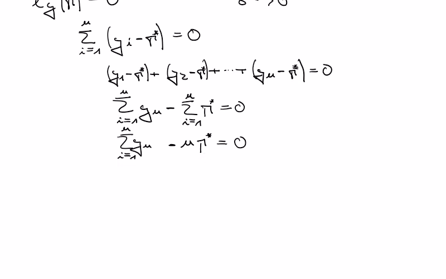So we do minus the sum term. And then we divide by minus n. Oh, we can get rid of the minus sign, of course.